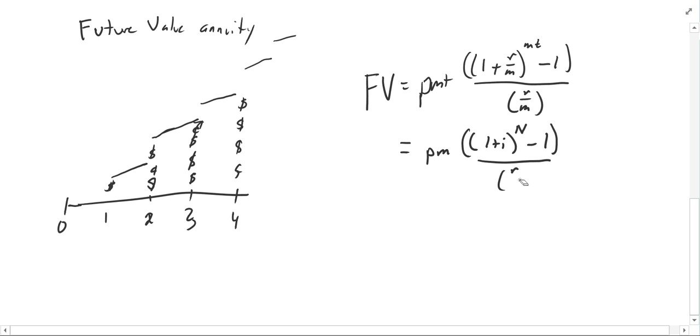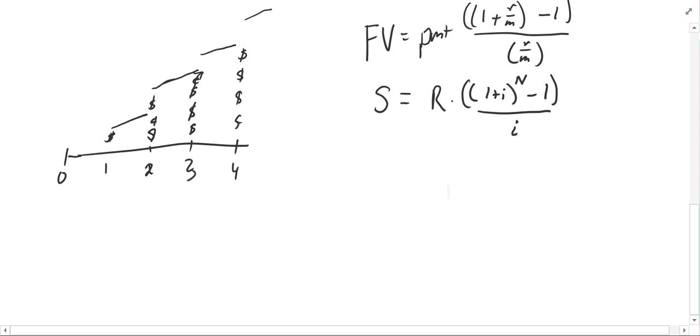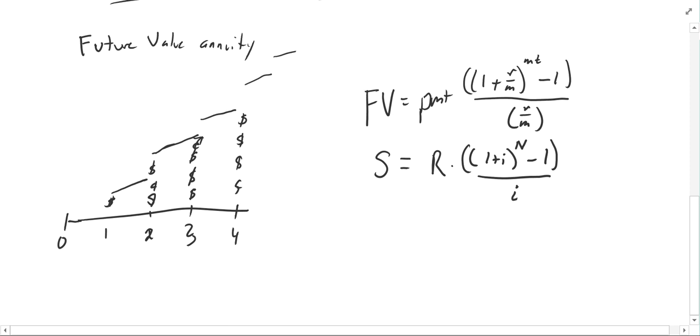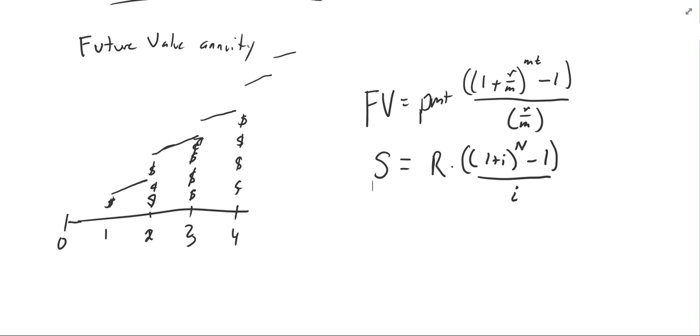And they're using an i, which actually simplifies things a little bit, because the i is just a number. You don't need to put something in there. A lot of times they'll use R for the payment amount, and S for the account balance, the balance at the end of the time periods.